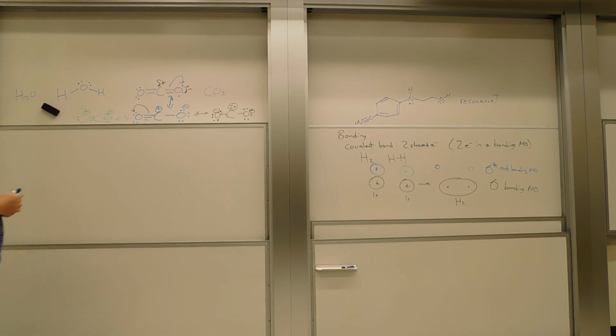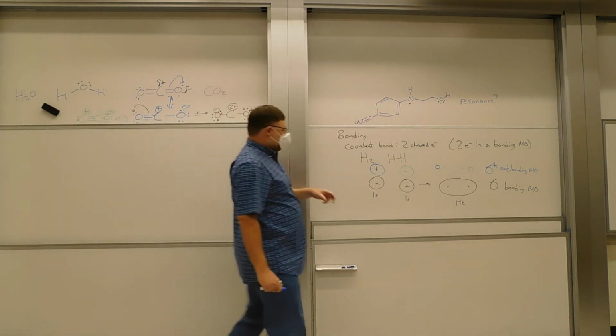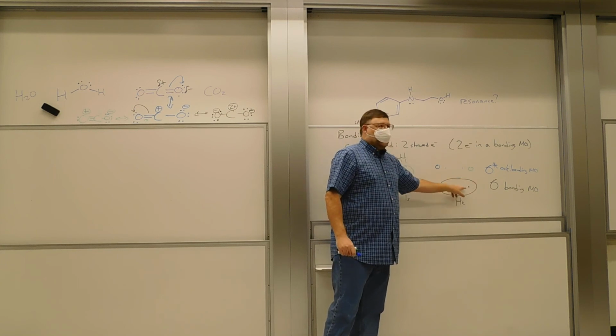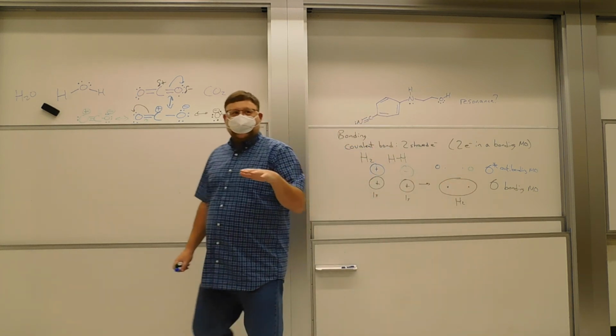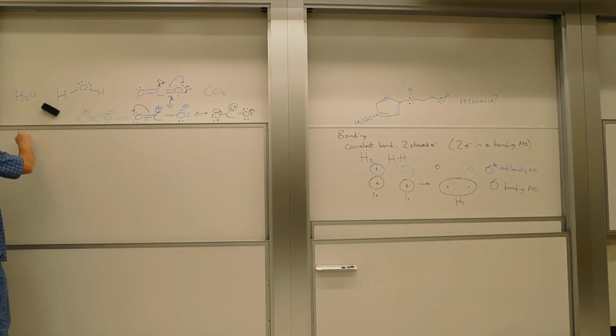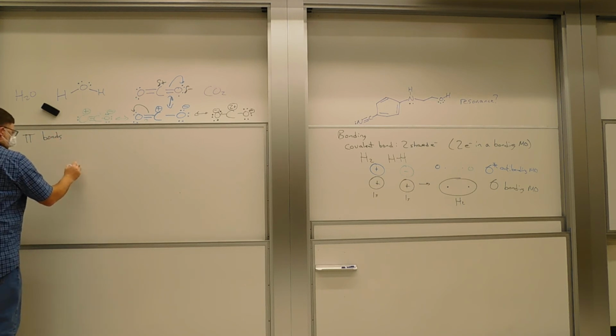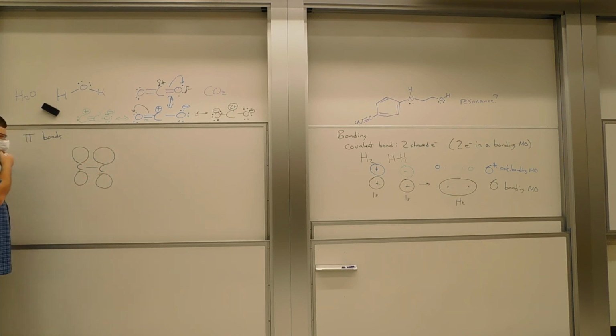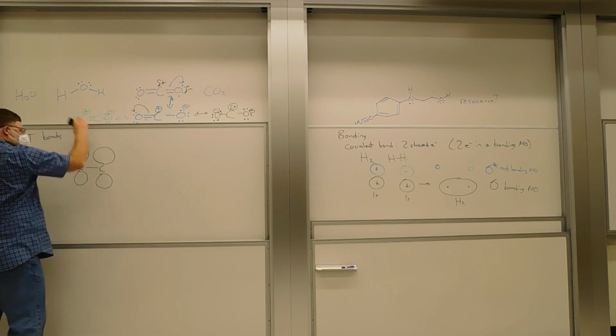Now, the way quantum mechanics works, you can't have other orbitals in the same place. So once we make one sigma bond, that's all the sigma bonds we can have. A second bond has to be elsewhere. Let me do oxygen.